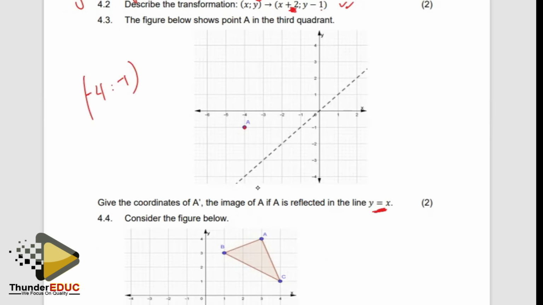They want the coordinates anyway, so just switch them around, which means the image is going to be -1 and -4 without even drawing. If you want to draw, count how many blocks. It's 1 block and a half, which means it's a half and 1 block. So our A prime is going to be there. When you read off the coordinates, it's -1 and -4. Okay, so it's either that way or you just switch the points.